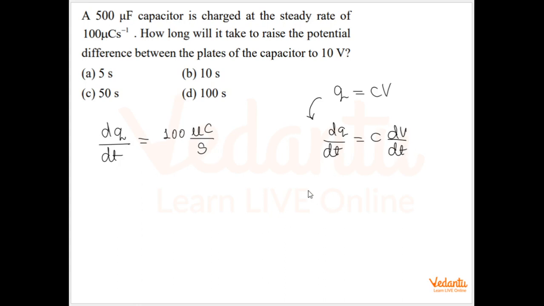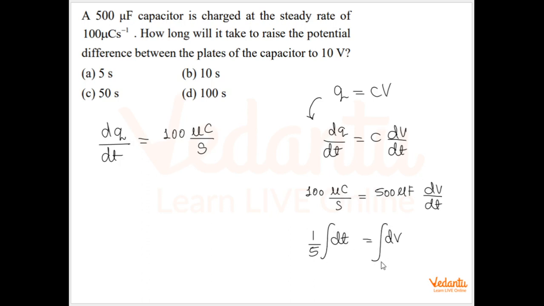Substituting the values, beta, you will get 100 microcoulombs per second is equal to 500 microfarads into dv by dt. This gives me dv is equal to 1 by 5 into dt. Now I just have to integrate it to calculate the time.